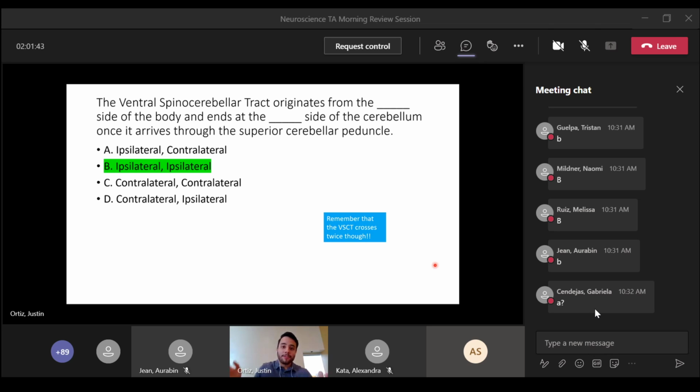So let's say it comes in from your right leg, crosses over, comes up, and crosses back over to the right side. So technically it comes from the ipsilateral side and stays on the ipsilateral side, even though it crosses twice. This again tells us that the cerebellum is important for ipsilateral functions, regardless of how it gets there.